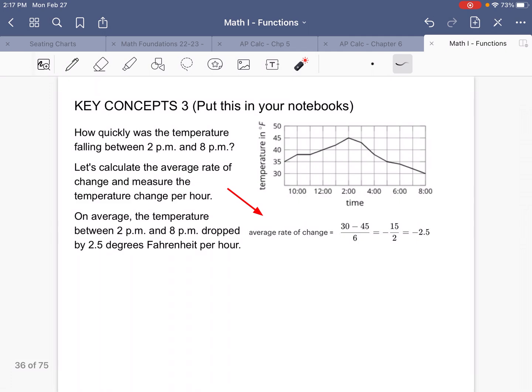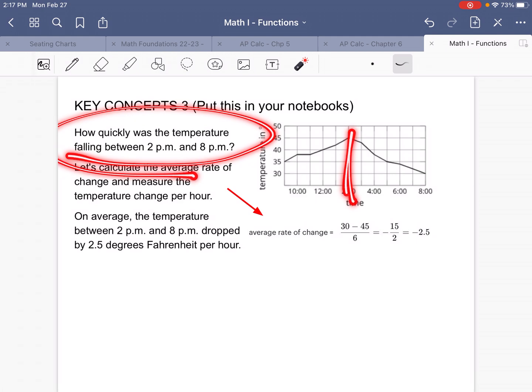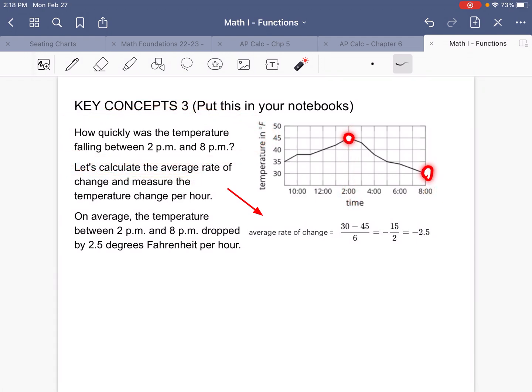So let's take a look at one of these for a second. If I'm looking for how quickly the temperature was falling between 2 p.m. and 8 p.m., I'm going to look at the temperature for both of those, and I'm going to go 30 degrees minus 45 degrees, which is what they're doing here, because that's the change. It went down to 30.